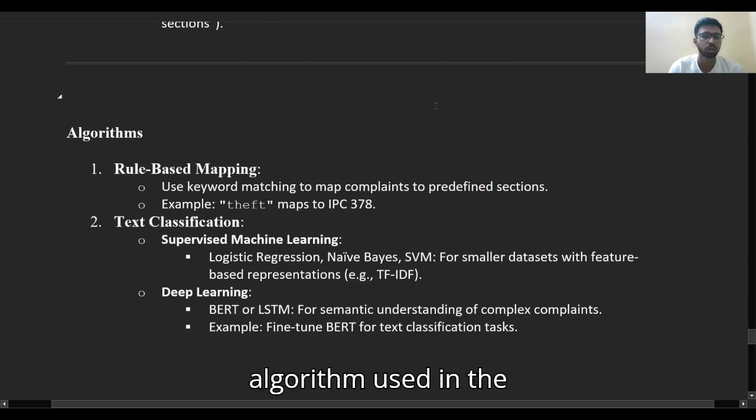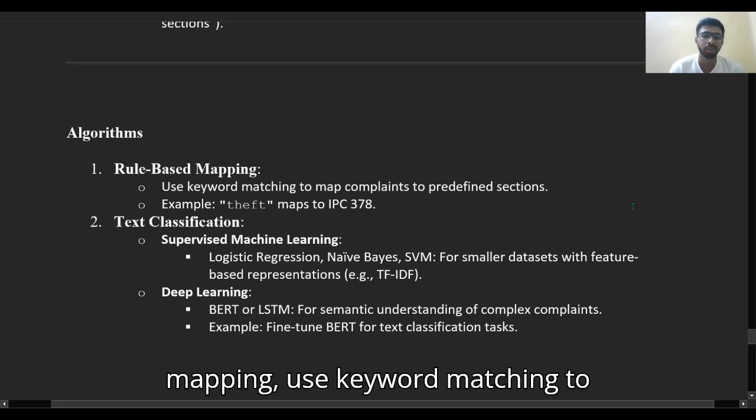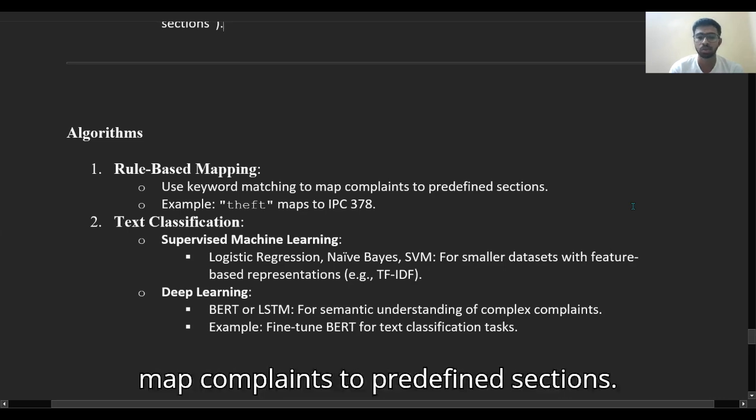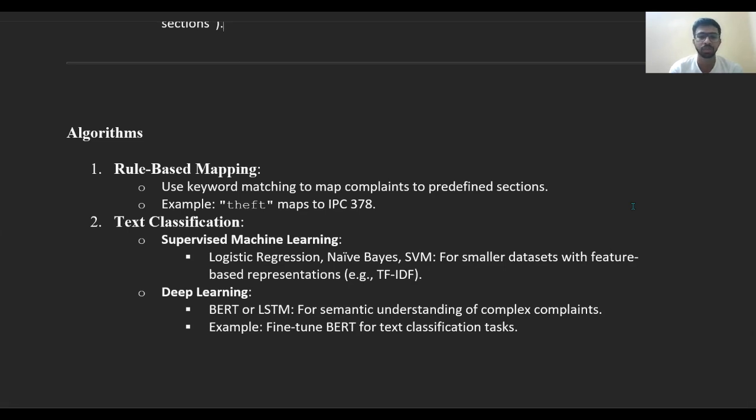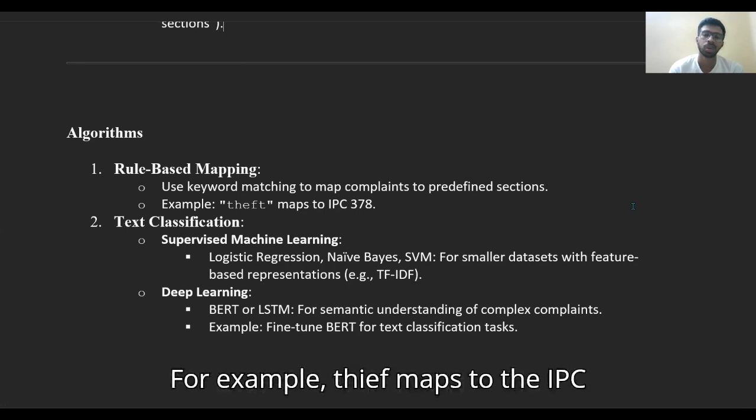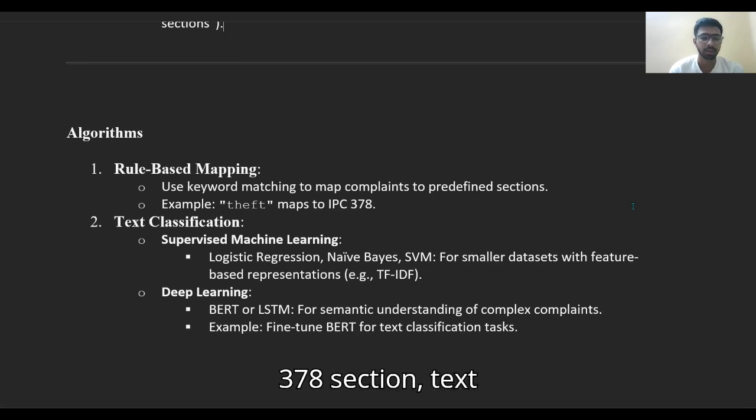The algorithms used in automatic complaint recognition: rule-based mapping uses keyword matching to map complaints to predefined sections. Example: thief maps to IPC 378 section.